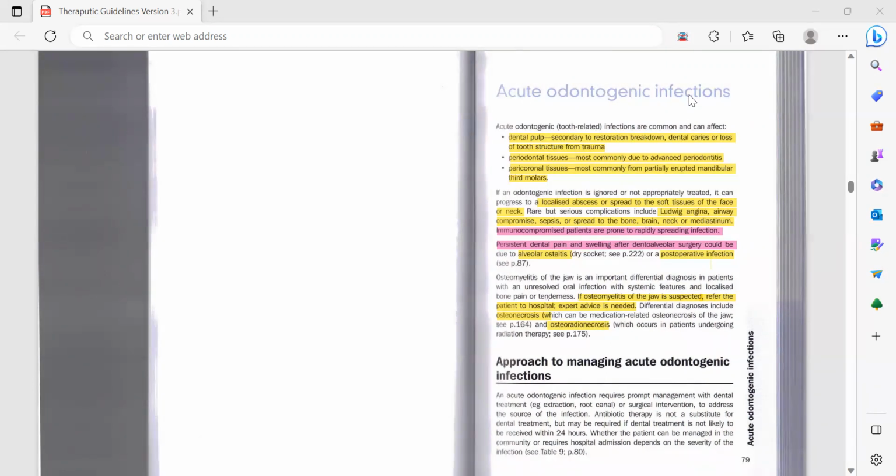In short, each and every word or line given in this book is very important from your exam point of view. Today we are going to start this important topic, which is acute odontogenic infection. There would be two or three scenarios from this chapter only, so you should be very thorough with this chapter.